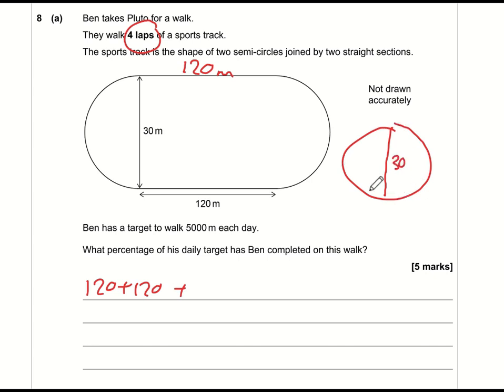Okay, so what we want is the circumference of a circle. The formula for the circumference of a circle is 2 pi r, so plus 2 multiplied by pi, 3.142, multiplied by the radius, which would be half of that, which is 15. Or another way of seeing 2 pi r, 2 times the radius is the diameter, so you could just use the formula pi d, just use whichever formula you're familiar with, which is pi, or 3.142 times 30, which is the 2 times 15.